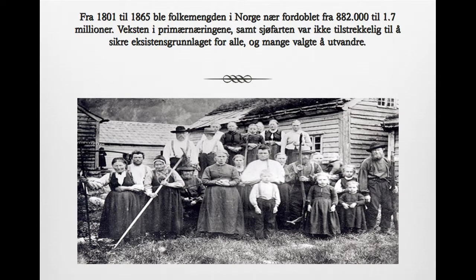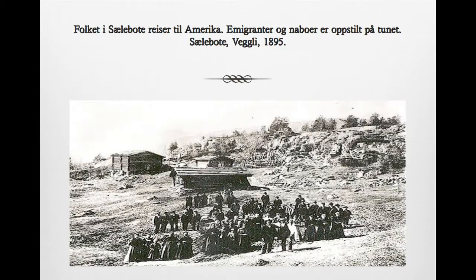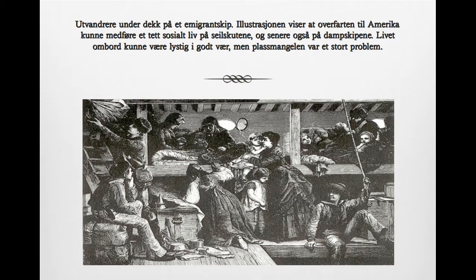Now, I have some pictures here from Norwegians. Here is a sailboat. They are traveling to America. Now, this is a painting about immigrants, people emigrating from different countries, and they are on a ship.